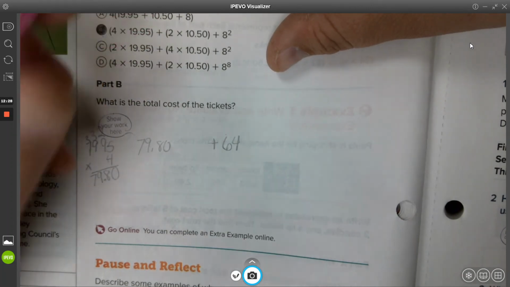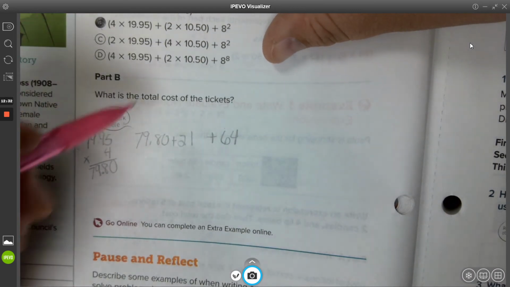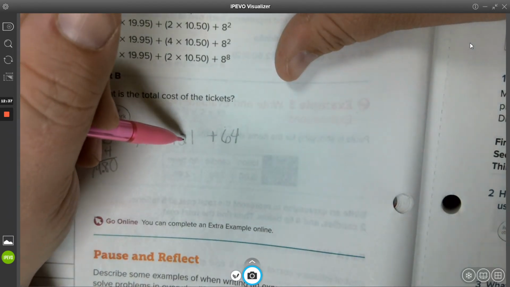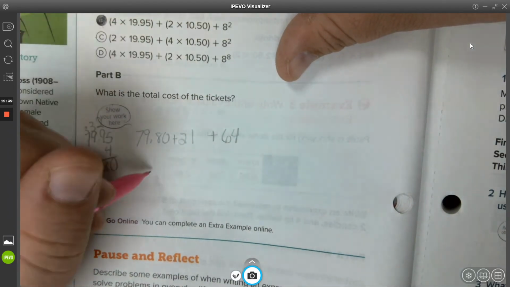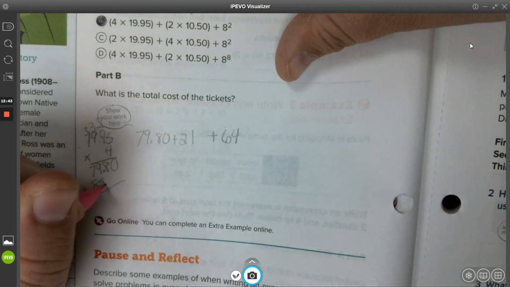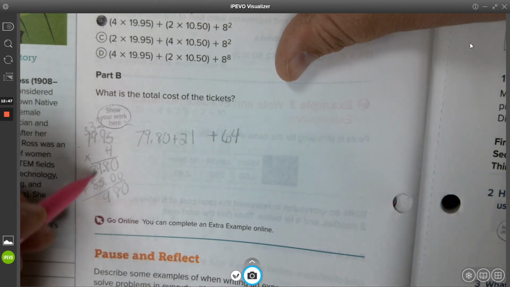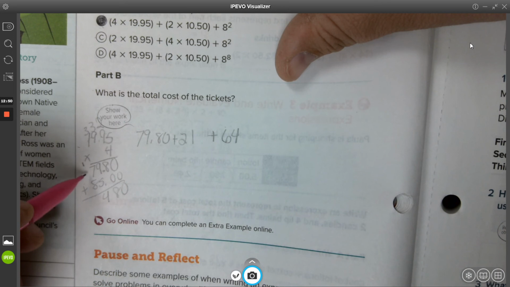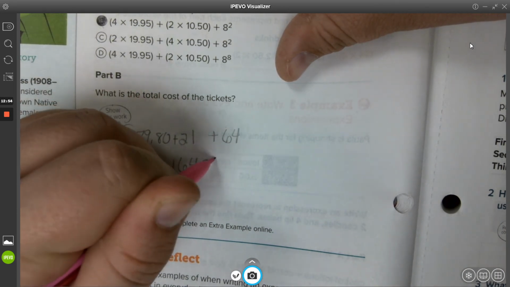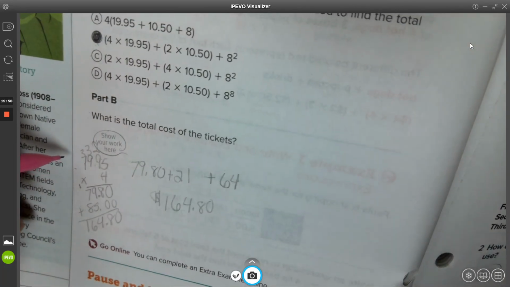So that would be $21. And then we add them all together. 21 plus 64 would be 85. And we'd add that on here. So that's $164.80 would be our total cost for those tickets.